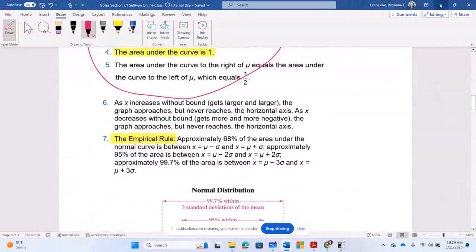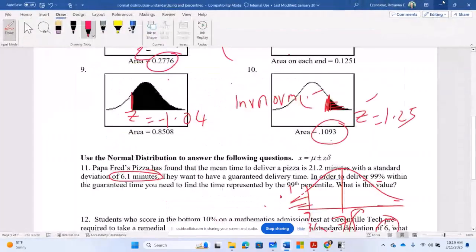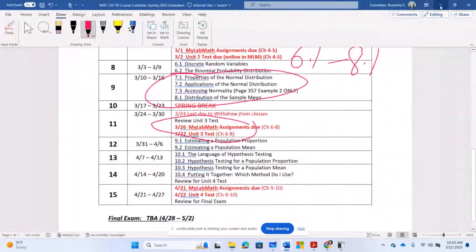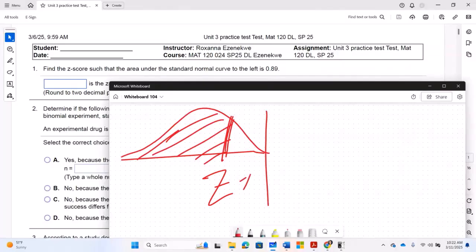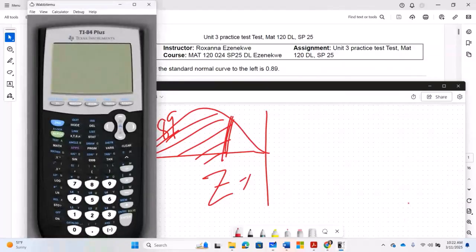Okay, so the next thing we're going to do is actually get 8.1 and look at it. What is our 8.1 saying? Corresponding to this value, this is 0.89. So what I'm going to do is get my calculator as usual, turn it on, and clear what is in the screen.